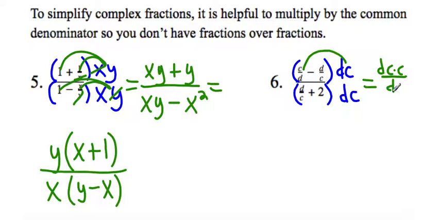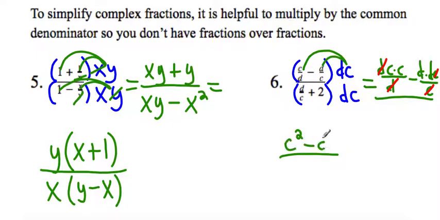Right now I am only working in the numerator, and I'm just showing you an additional step in case you can't see this. Here I have d times dc over c. So this might illustrate it a little bit better, that the d's cancel here and the c's cancel here. Again, I'm only working in the numerator right now. That leaves me with c squared minus d squared.